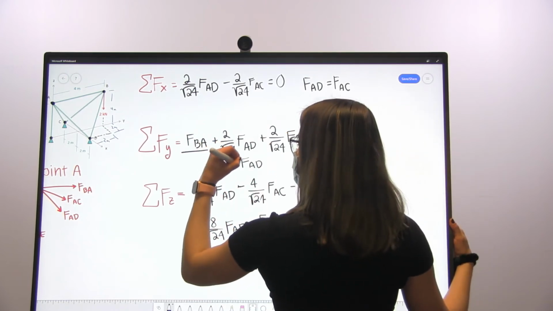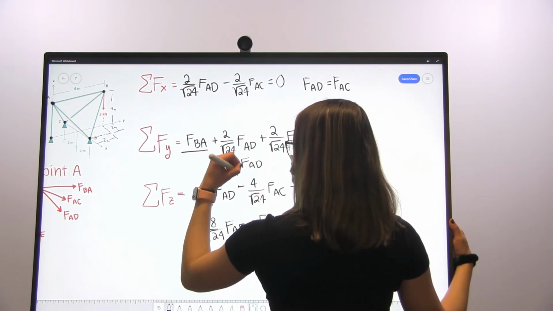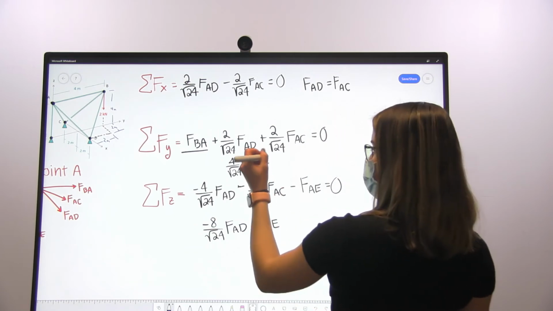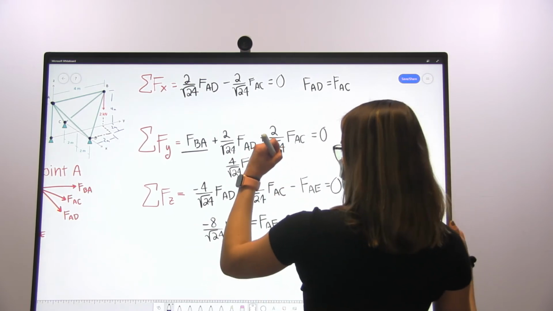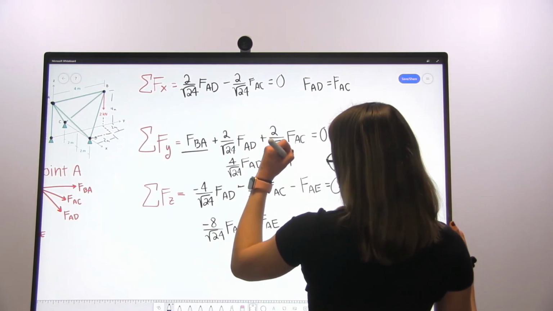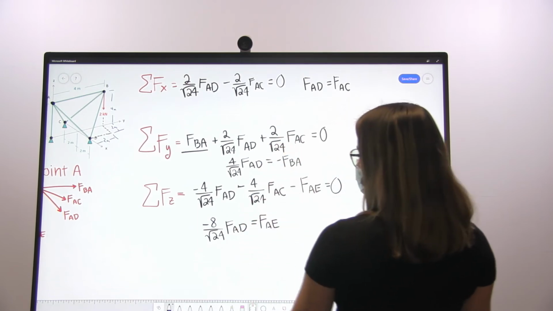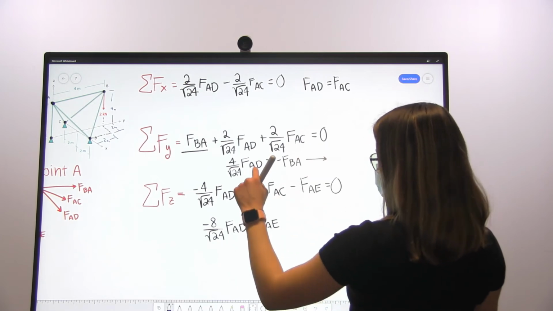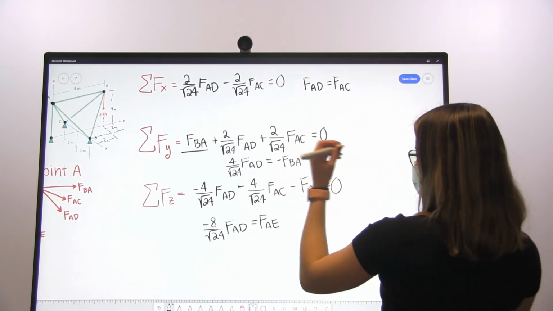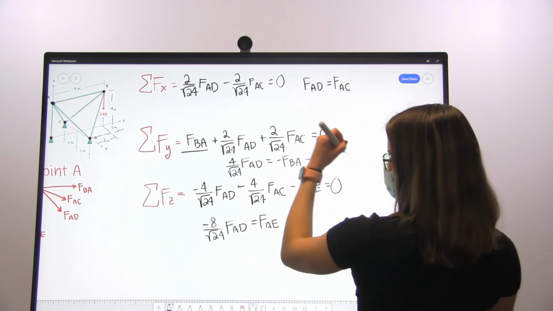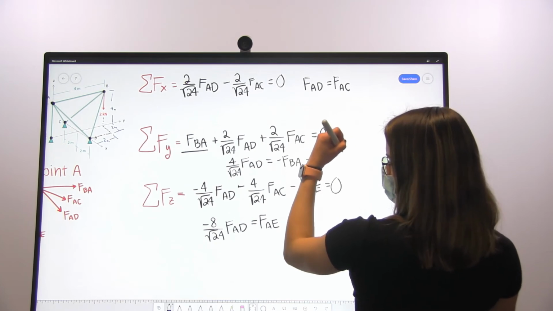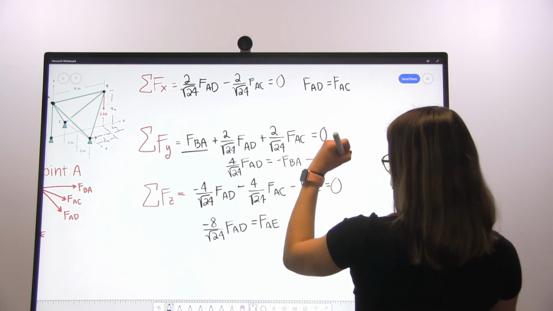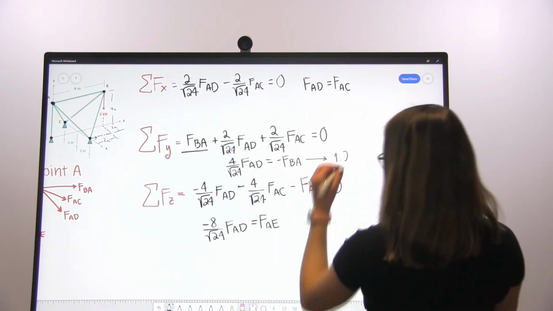That's 4 over square root of 24 FAD equal to negative FBA. And so we can solve for FAD.